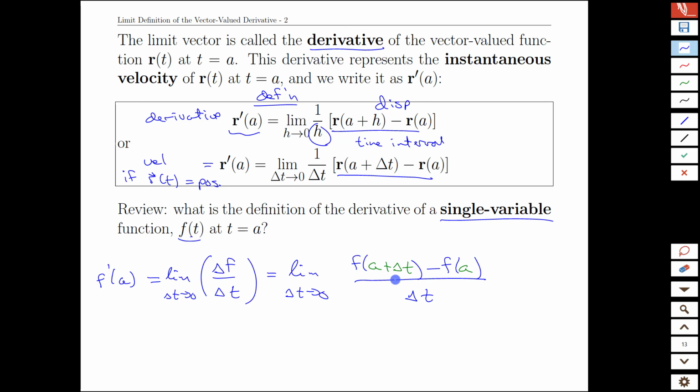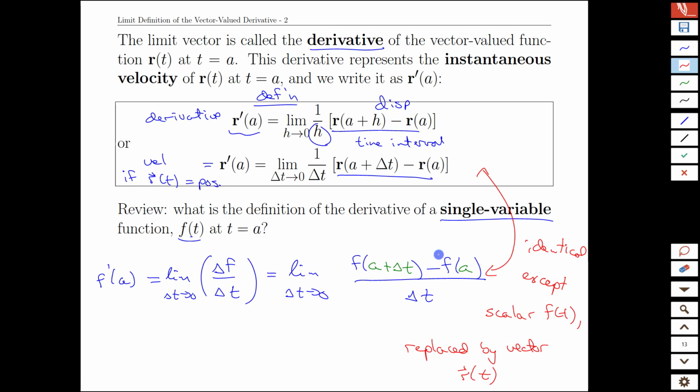And if you take a careful look at this versus this, these are identical. The only difference is that instead of a scalar f of t, it's replaced by the vector r of t.